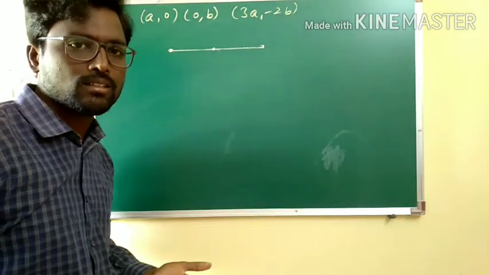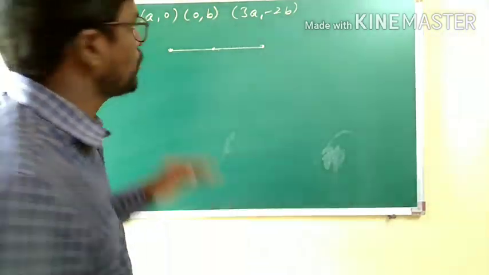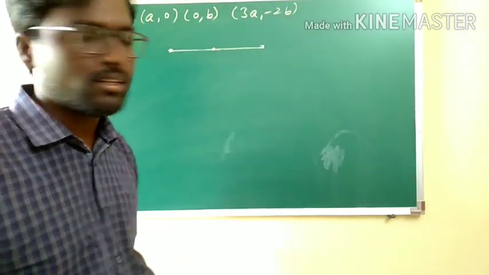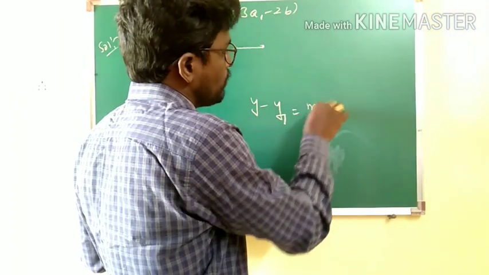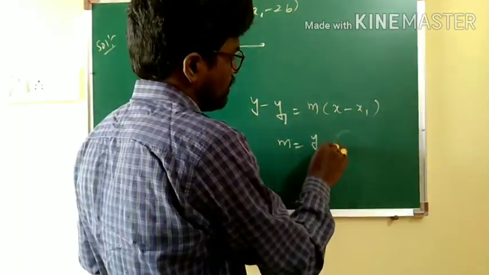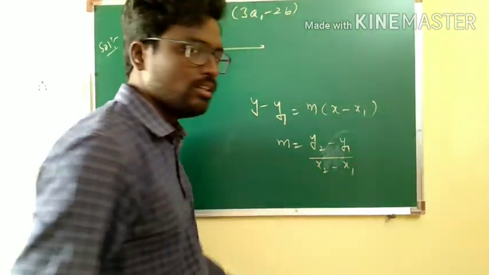The first one is to find the equation of the line passing through any two of these points using the two-point formula. What is that? y minus y1 is equal to m into (x minus x1), where m is given by (y2 minus y1) by (x2 minus x1).